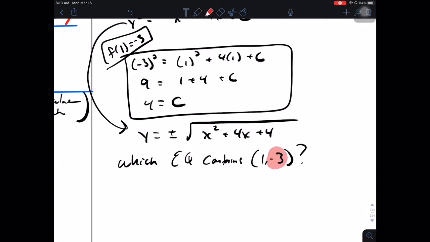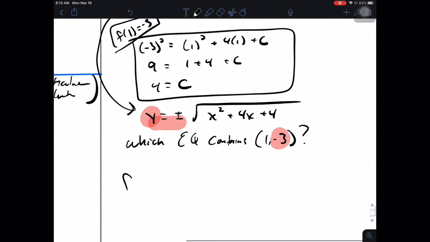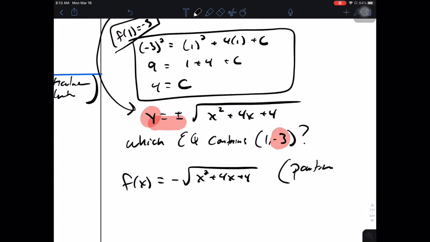Well, this y is negative. This y, our choice is a positive or negative. We're going to choose the negative one because that's negative. So f of x equals negative square root of x squared plus 4x plus 4. This is our particular solution.